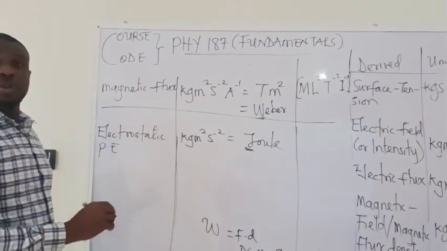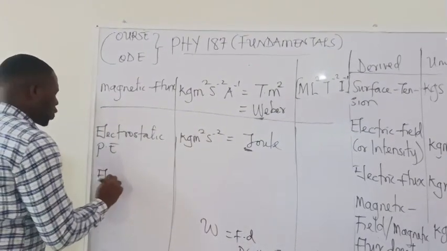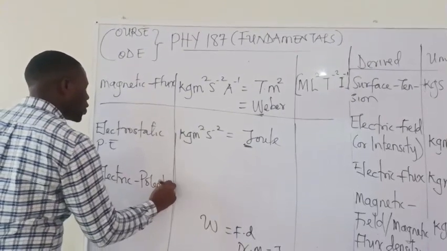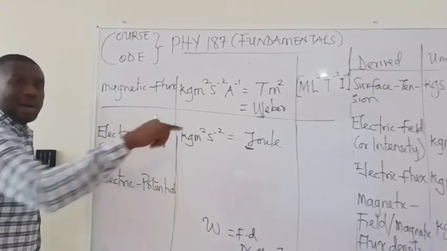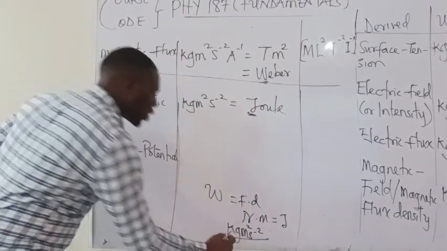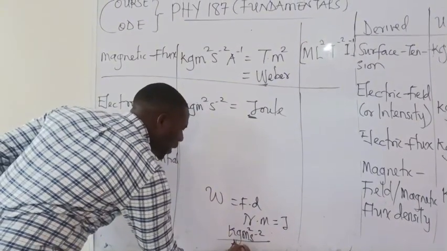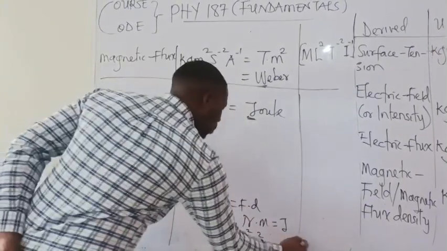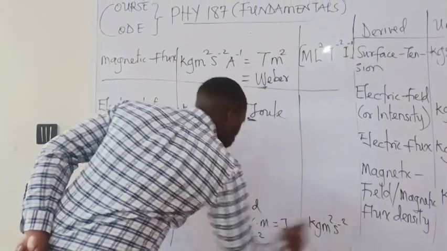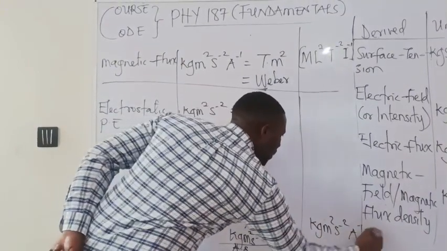Then we have electric potential. Electric potential is simply the work done per unit charge. So it will be this term divided by charge, and charge is current ampere times time. So this would boil down to kilogram meter squared per second squared, per ampere per second.